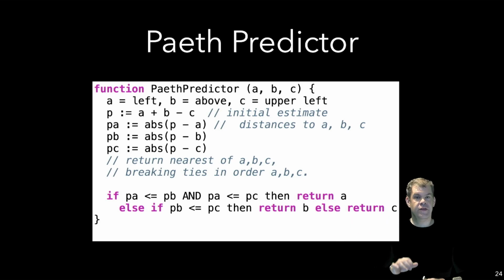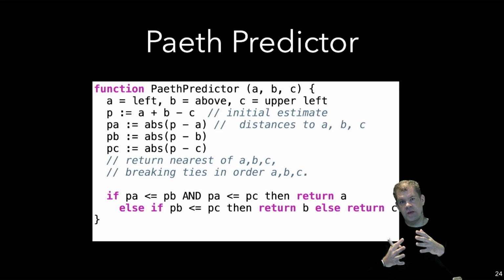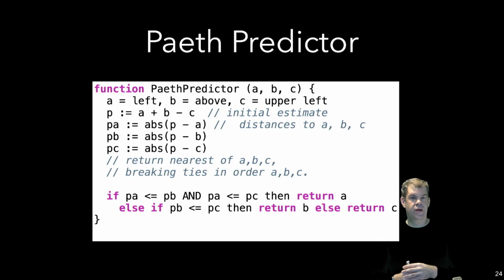So if the differences are equal, we pick them in a specific order so that in the decoding step we can determine which one we picked in the encoding step. Path is usually superior to all the others, except if you want a simple computation and you have a perfectly horizontal or vertical gradient.